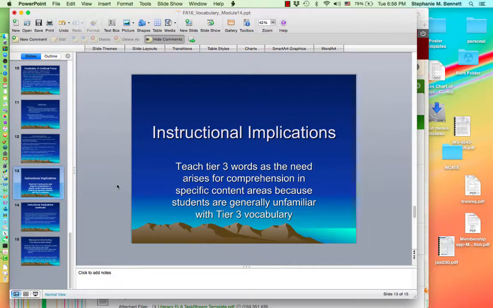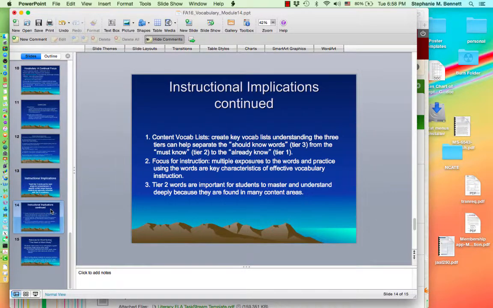Now, instructional implications, we really want to teach Tier 3 words as the need arises for comprehension in the specific content areas because students are generally unfamiliar with those vocabulary terms. So if we're teaching a unit on the American Revolution, we have Tier 3 terminology that we want to teach our students that solely show up in social studies so they can understand that unit, but we also want to teach the Tier 2 as well.